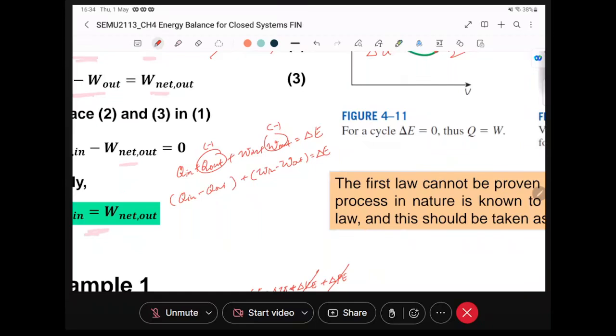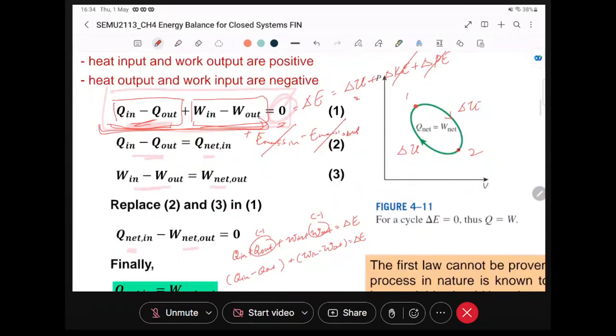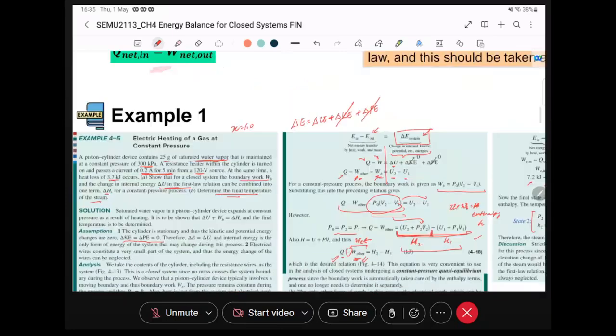So when using this one here, then really just look at whether it's in or out. Just plug it in. Don't have to apply additional negative or positive. Which is, I think, the case here.